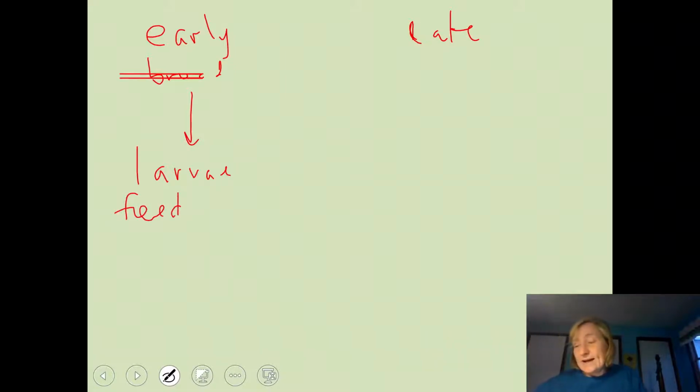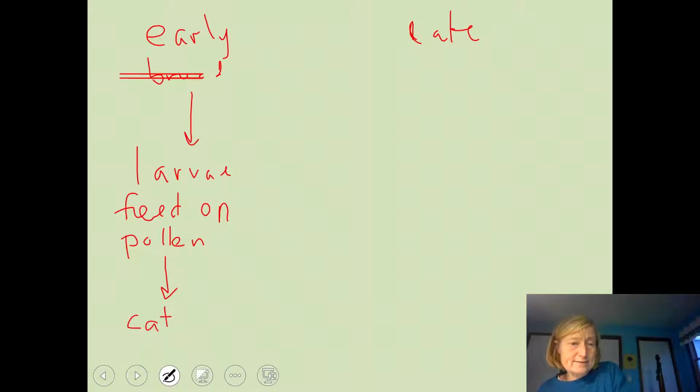And they feed on the pollen of those catkins. And that pollen is rich, right? Pollen is very rich, and as they develop into these fuzzy, cute, catkin-like caterpillars, they look a lot like catkins.